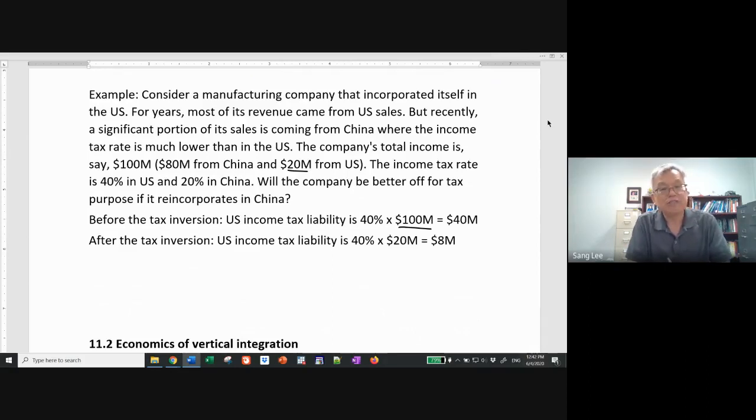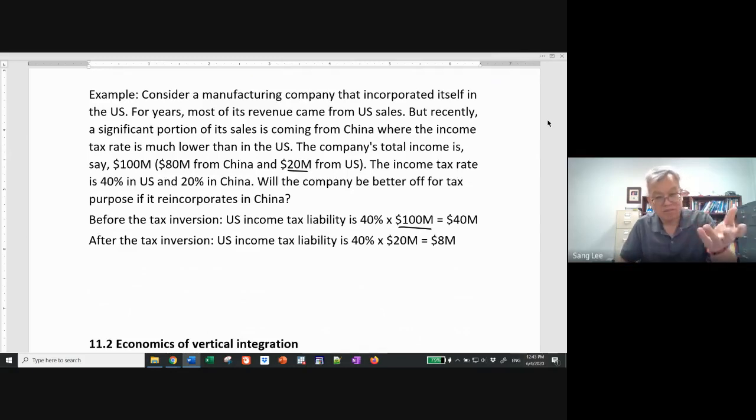But if you move, since you are earning a significant portion of your income from sales in China, if the company reincorporates in China and moves its tax residence to China, then what about the US income tax you pay? Well, now you are no longer an American company. You become a Chinese company. And then you will only pay US tax on the portion of your income earned in the US market, which is only $20 million.